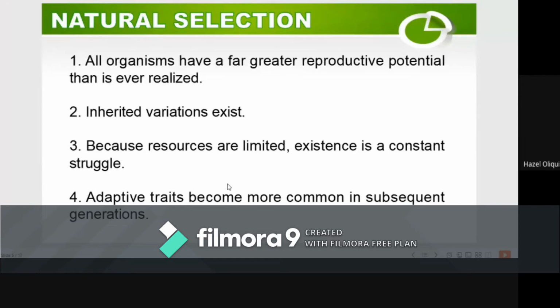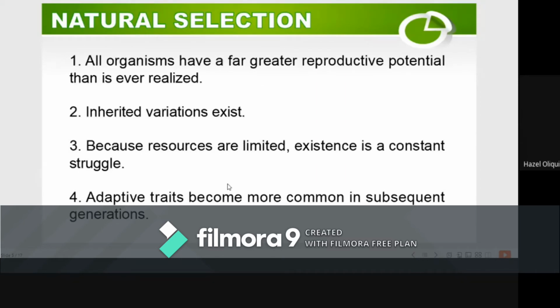In other instances, variations may be harmful to an individual. In still other instances, particular variations may be neither helpful nor harmful, and these are said to be neutral. These variations can be passed on to offspring.